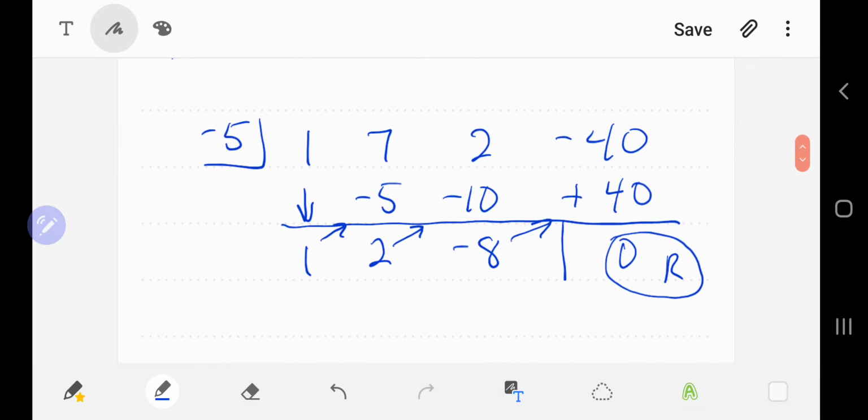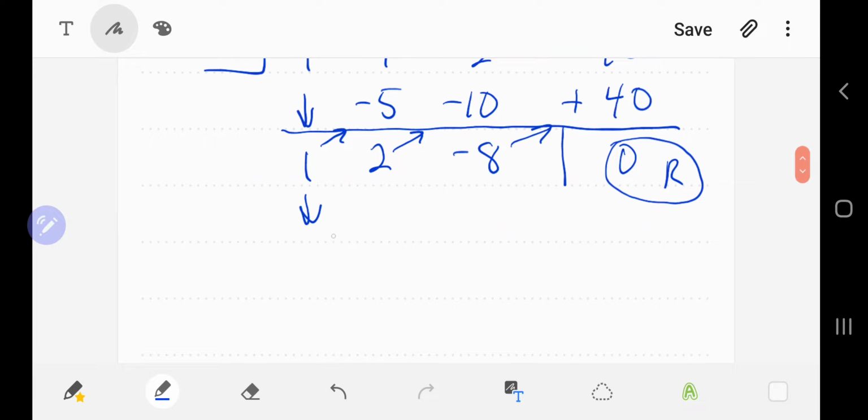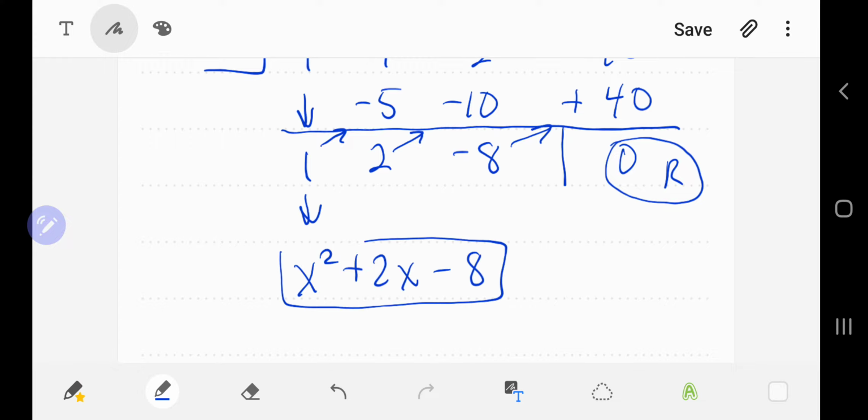If we come down here, you're going to see that this is now 1x squared, a plus 2x and a minus 8. So we get the same quotient and remainder using long division.